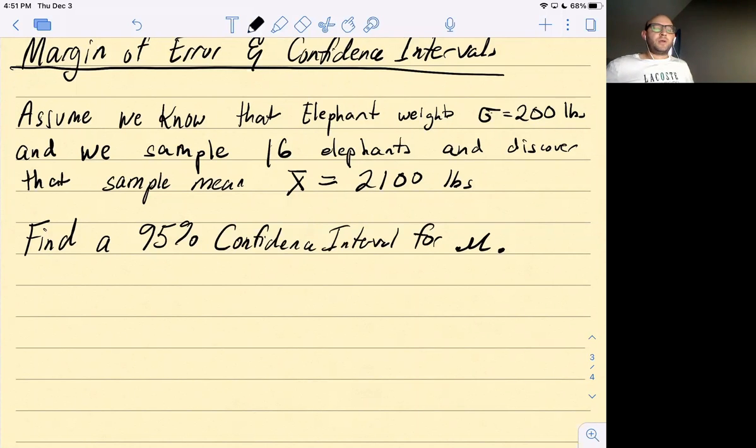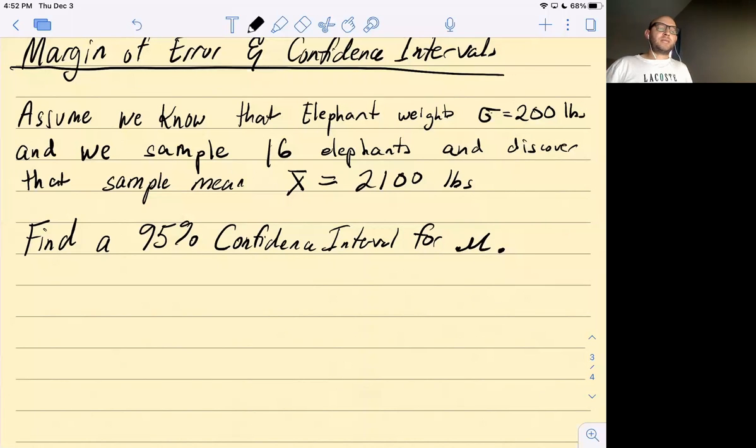The thinking here is that our answer is going to be something like maybe 2,000 to 2,200. We're going to find the exact interval, and the idea is that this interval we created has a 95% chance of having the true value.